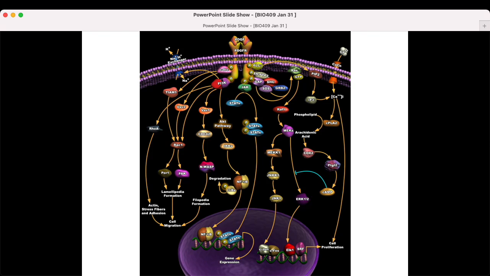I'm teaching this in a way that introduces the concepts so that you could add knowledge. But if we just did this, you'd say, I don't remember anything from college, right? But you can follow it here. There's RAS, RAF, MEK, ELK. There's other stuff too, other pathways.